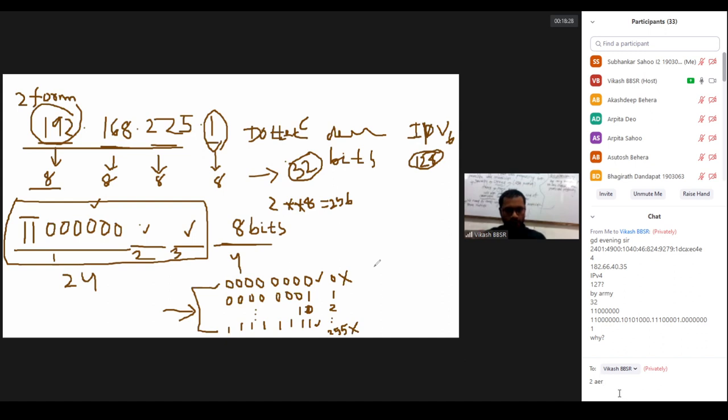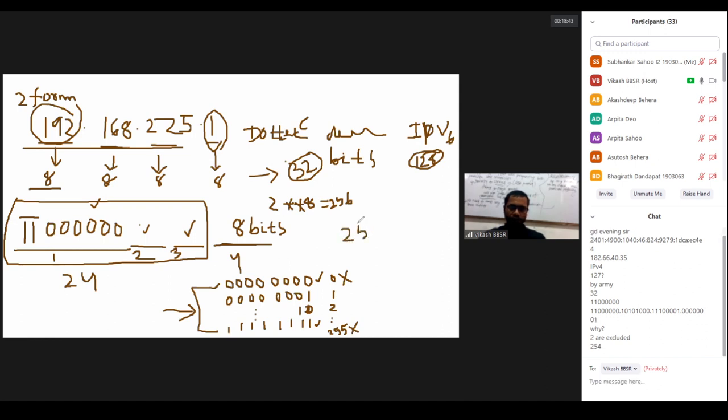It will start from 1. So 2 is subtracted. So total how much? 254.